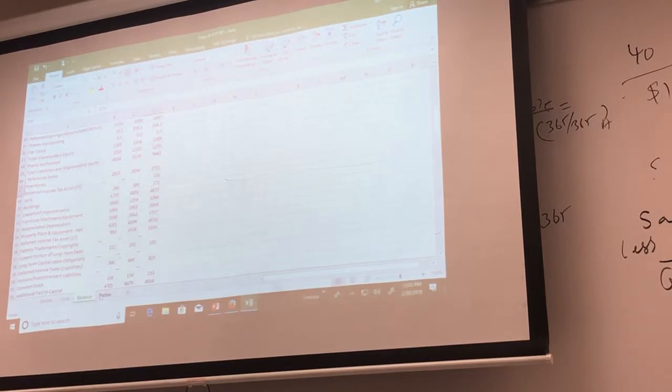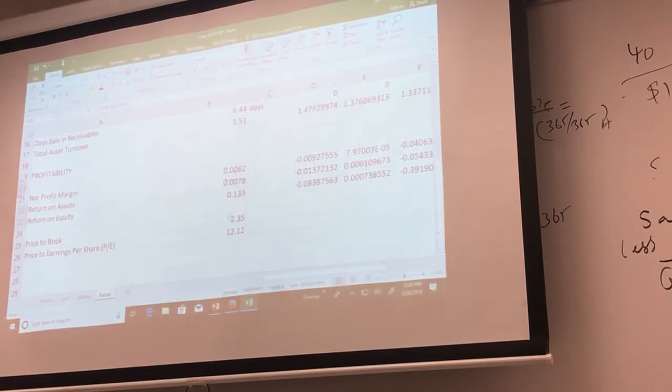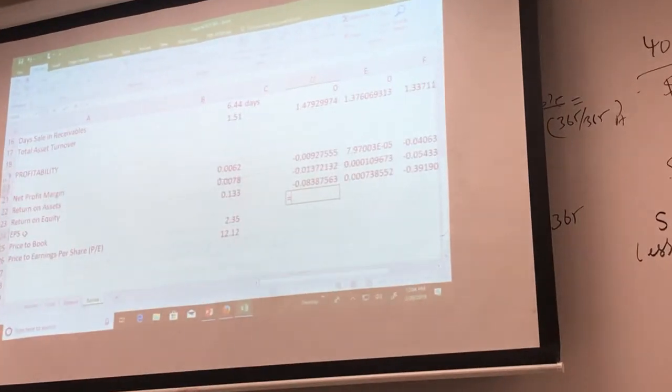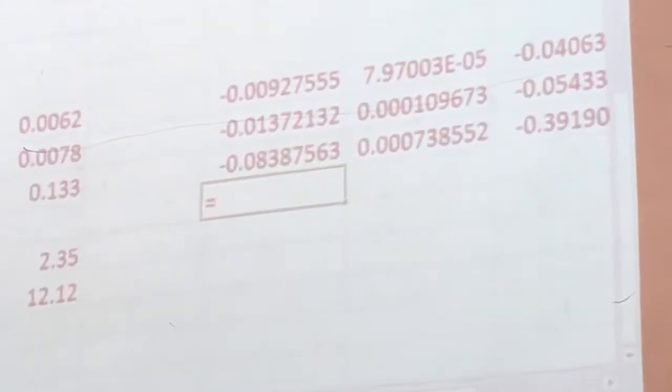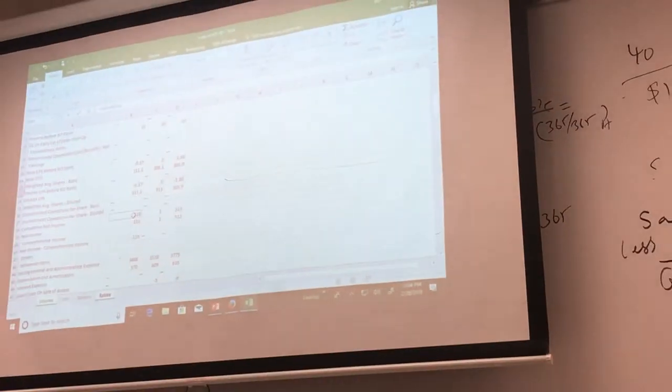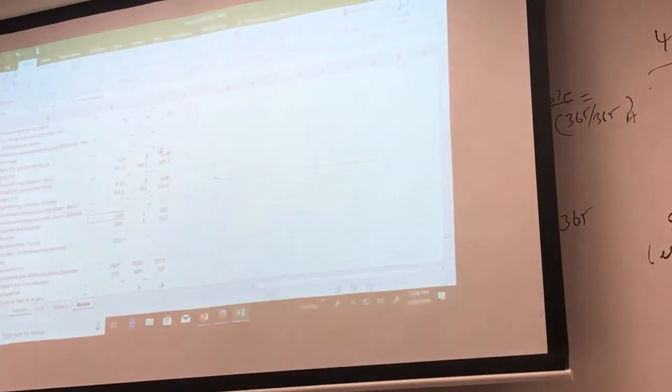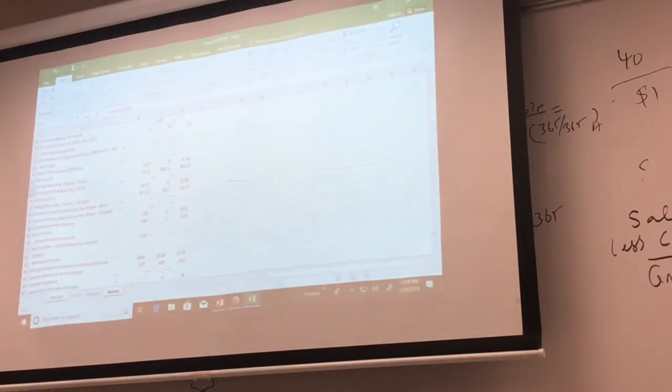Okay, so let's go back to our ratios sheet. And I don't have it, so we need to enter this. So we'll enter EPS here. And equal sign, we'll do it for just 1 year. So we'll click on income statement and net income, B38, and we divide it by, go to the balance sheet, row 41, 312.